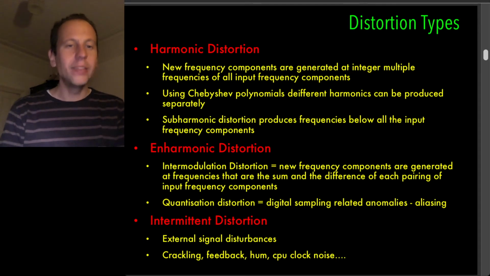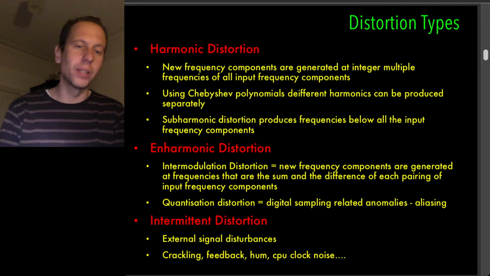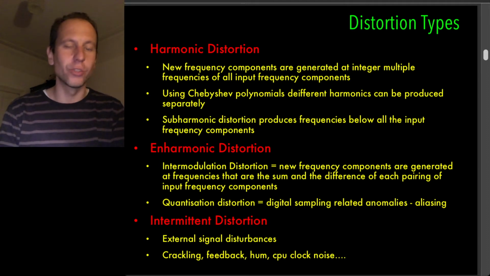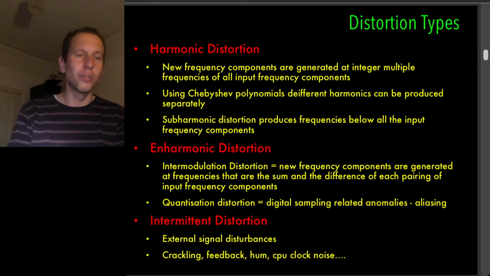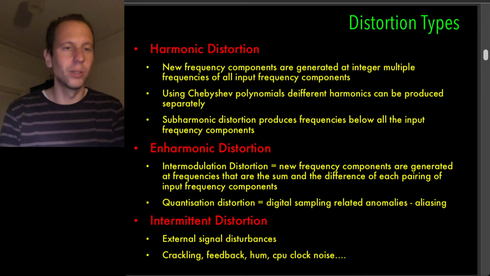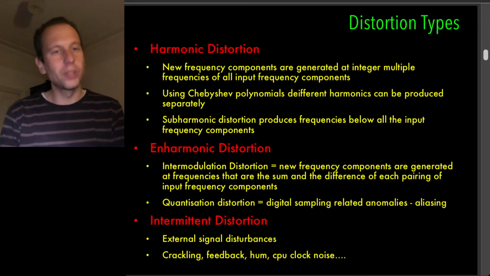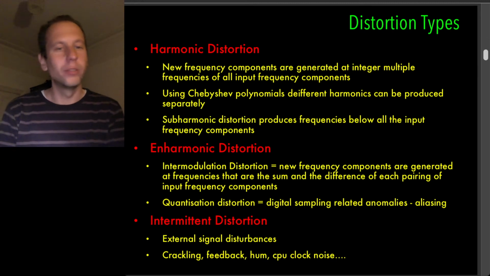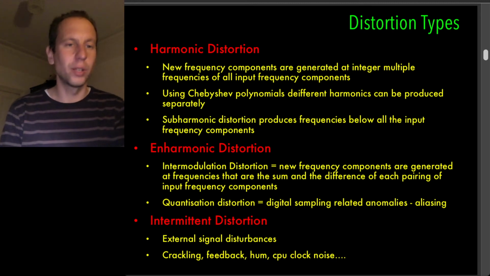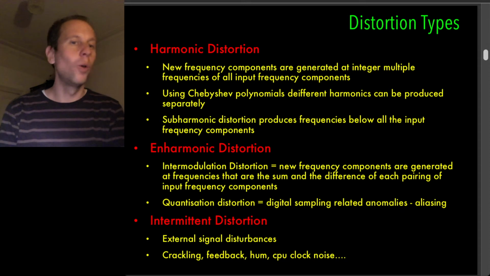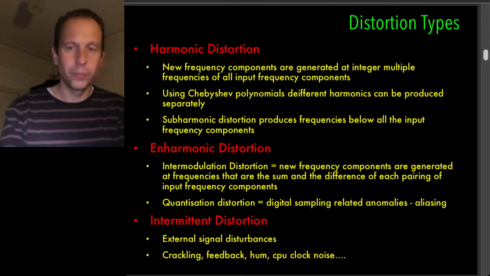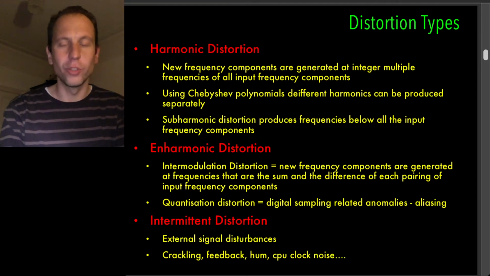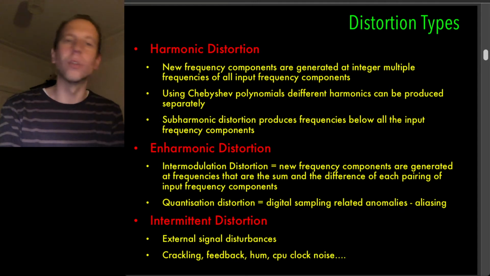Okay, and then we have what we might classify as intermittent distortions. So these are external disturbances, not necessarily relating to the incoming signal. But in terms of the incoming signal, as I explained, you might get harmonic and subharmonic components or otherwise components which stand out as separate from the original signal, depending on the level.